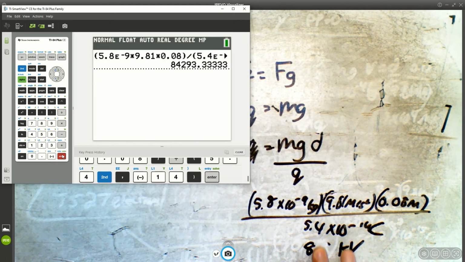Ooh, rounding error. Do we only have 2 sig digs? No, we have 3 sig digs. So this is terrible. 84.3 kilovolts is the answer. 84.3 to the right number of sig digs. Sorry about that.